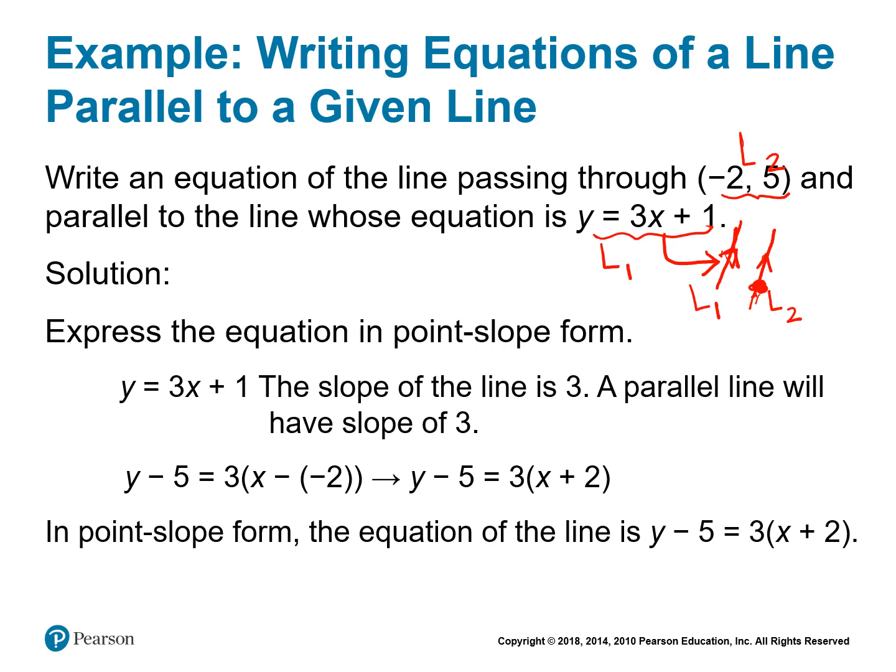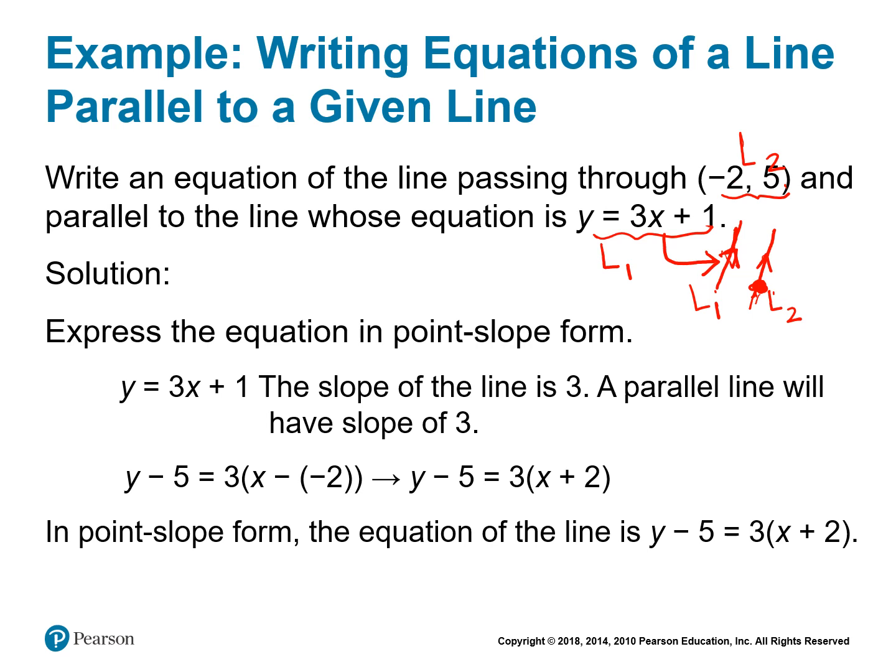So given this information, they are asking us to write the equation of the second line, which has a point -2, 5 somewhere along the line, and is parallel to L1, which has an equation of y equals 3x plus 1. Okay, so let's see how they go about doing this.